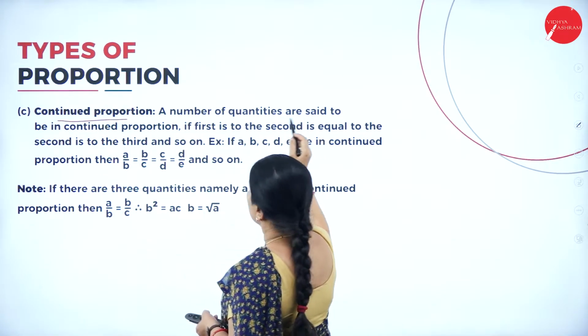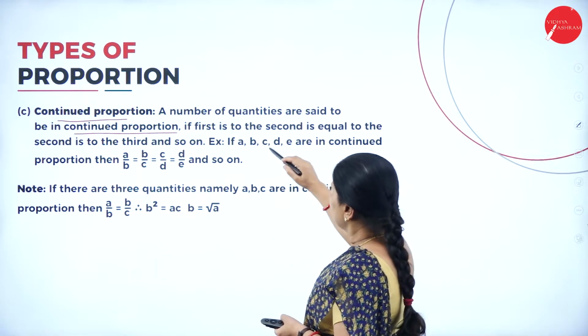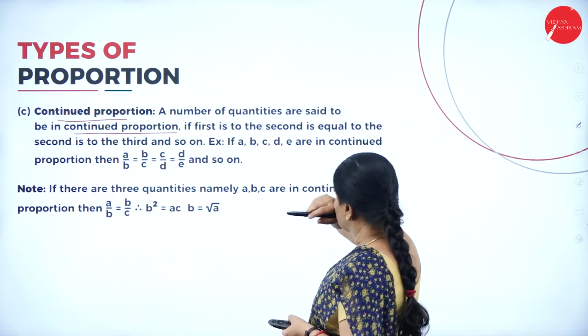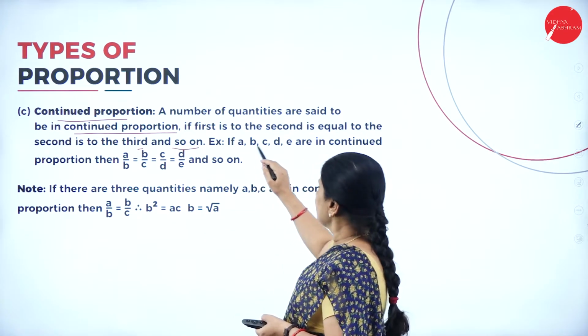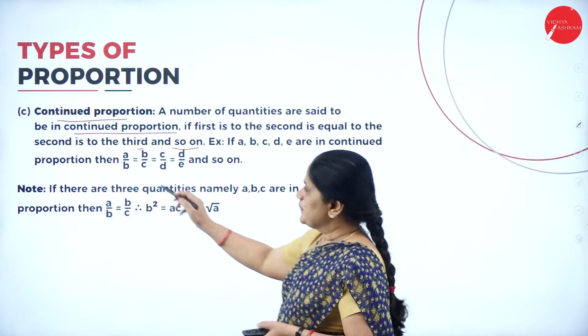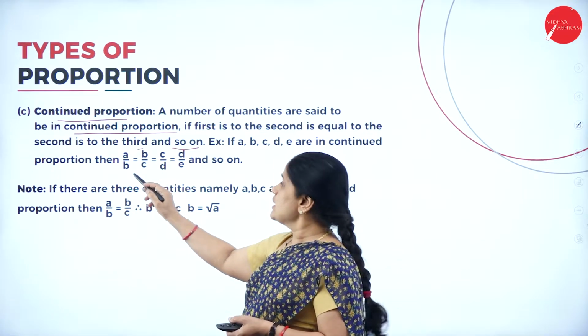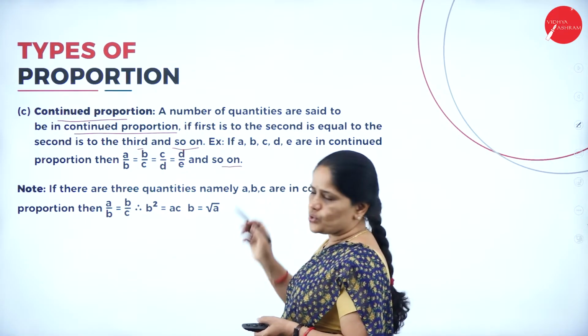Then, the next part is what is continued proportion. A number of quantities are said to be in continued proportion if the first is to the second as the second is to the third, and so on. For example, if A, B, C, D are in continued proportion, then A by B equals B by C equals C by D equals D by E and so on.